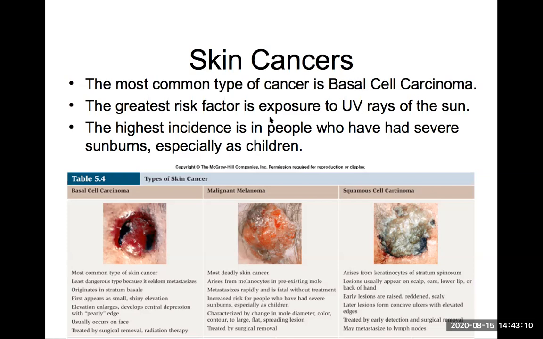What causes skin cancer? The greatest risk factor that we have is exposure to UV radiation. And this is usually something that happens to us when we're children, because little kids are the ones who will stay in the pool for 6 hours or run around at the beach for the entire day. Most adults get tired and go inside or sit under umbrellas, things like that, but little kids will keep going.